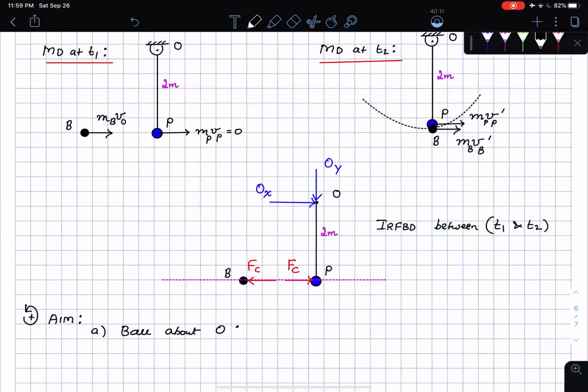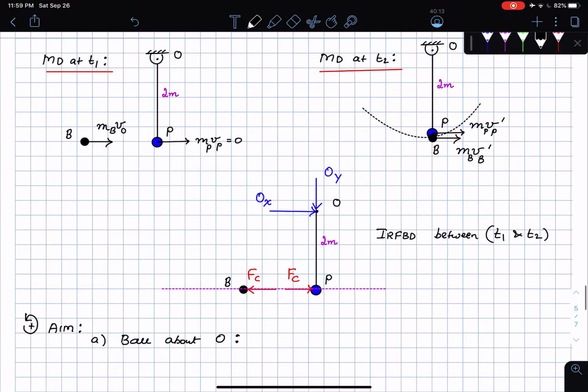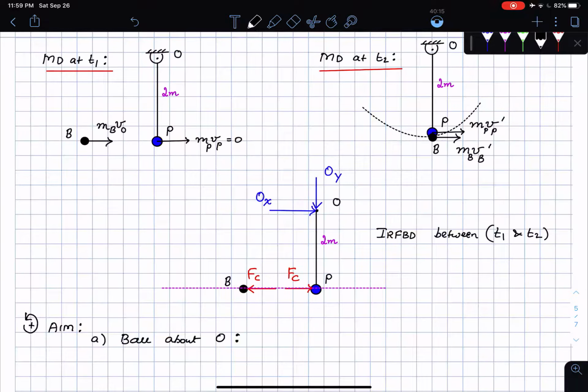So I'm going to do it for the ball about the point O. First, look at the linear momentum of the ball. Angular momentum is the moment of the linear momentum, which means it's going to be the momentum m v0 multiplied by a moment arm.